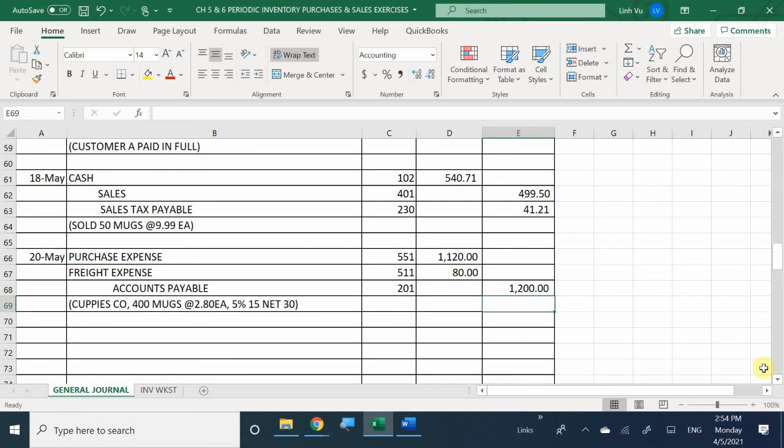Right, we already solved that in our inventory worksheet. We recognize the vendor and we recognize our terms.